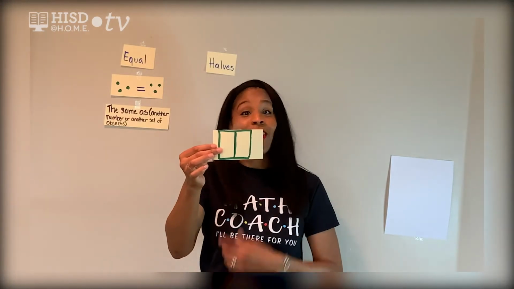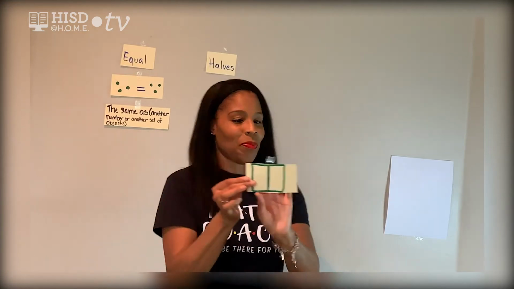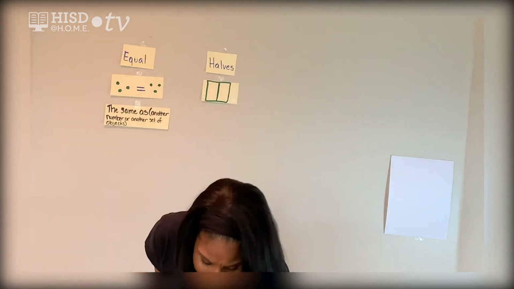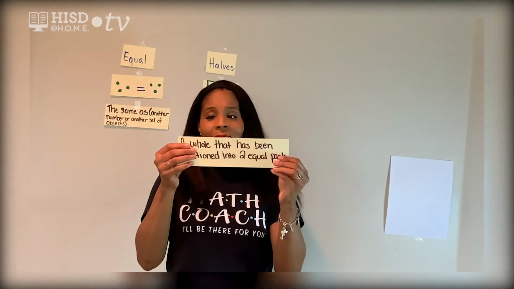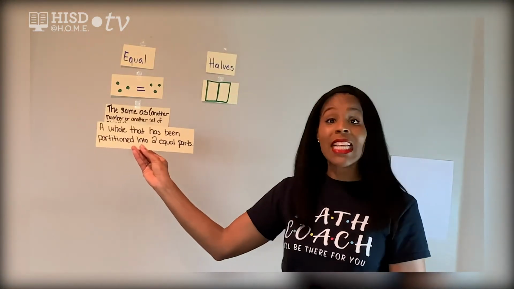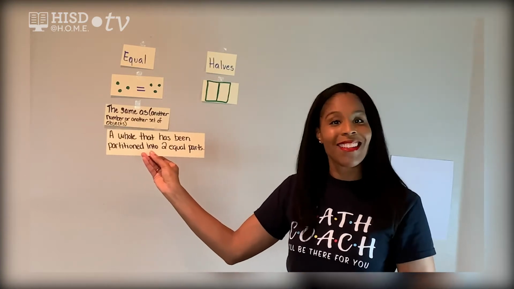I had a square and I partitioned it into halves. I drew the line down the middle to show 2 halves. Now, what is the definition of half? A whole that has been partitioned into equal parts.